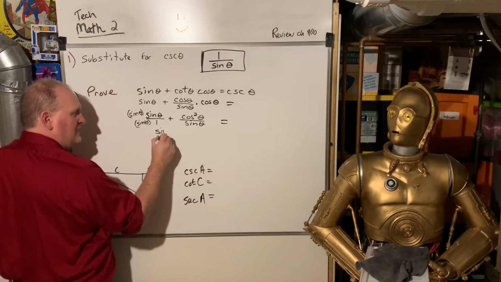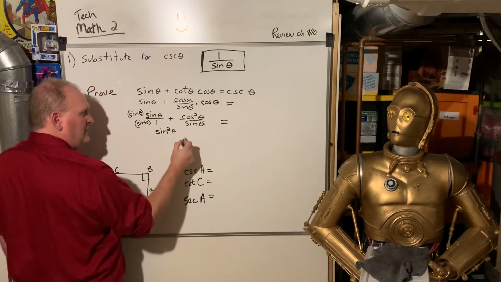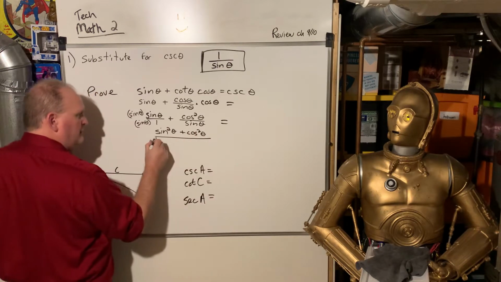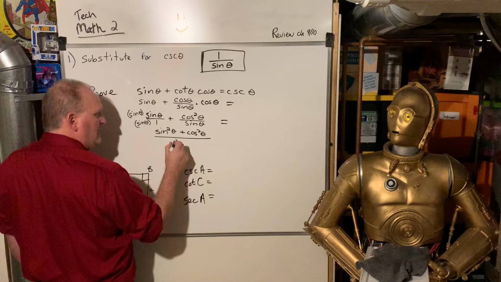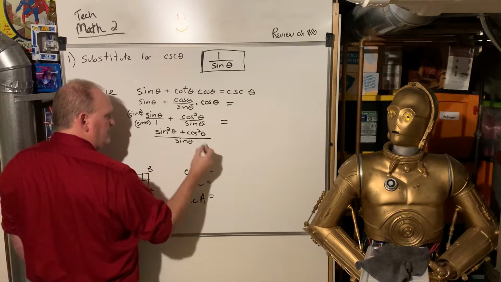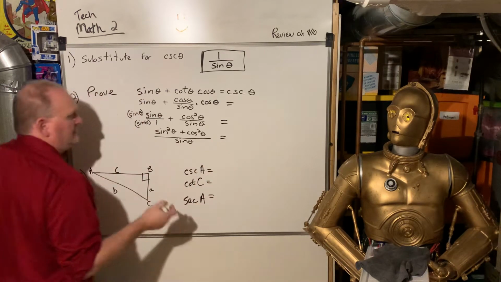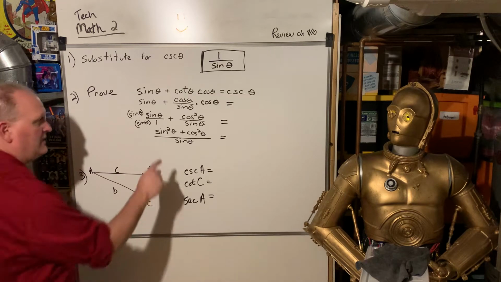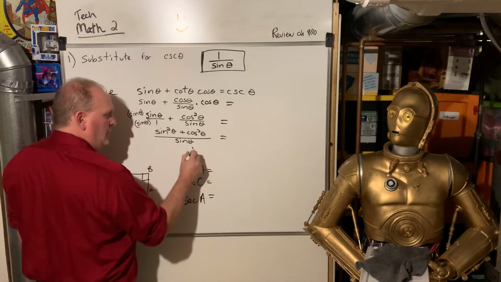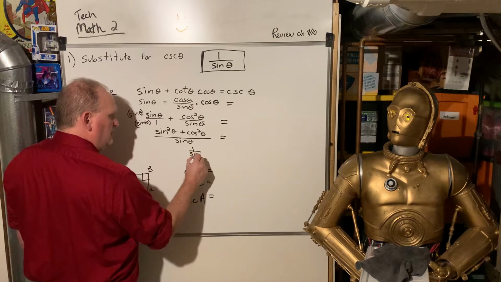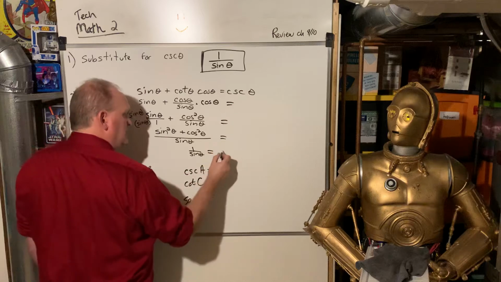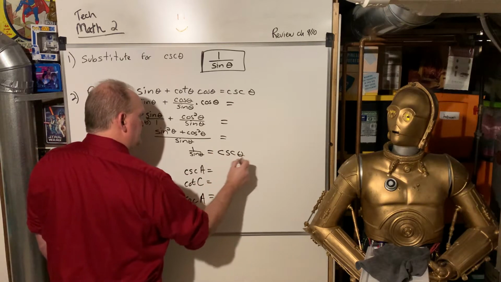I get sine squared theta plus cosine squared theta all over sine, since it's sine on the bottom and sine on the bottom. Now if you remember your Pythagorean identities, sine squared plus cosine squared is just 1. And voila, 1 over sine theta is the cosecant theta.